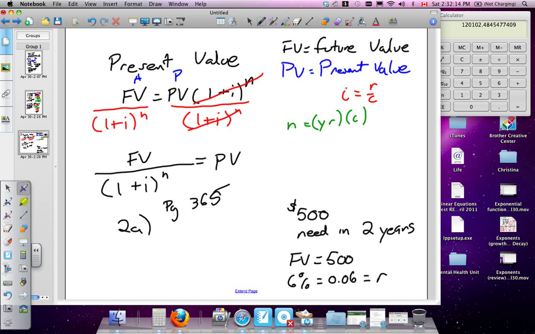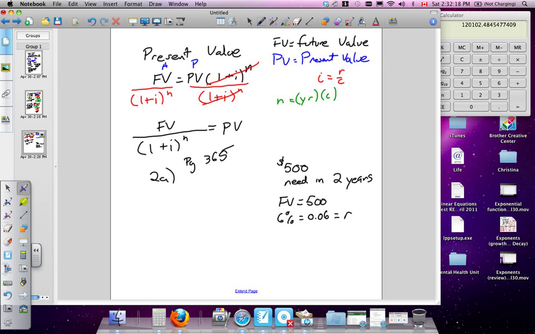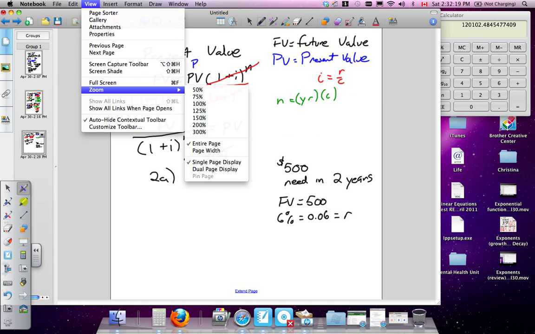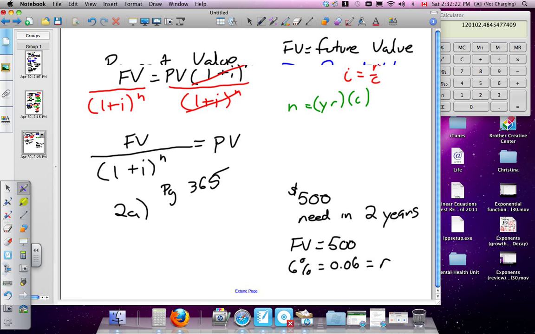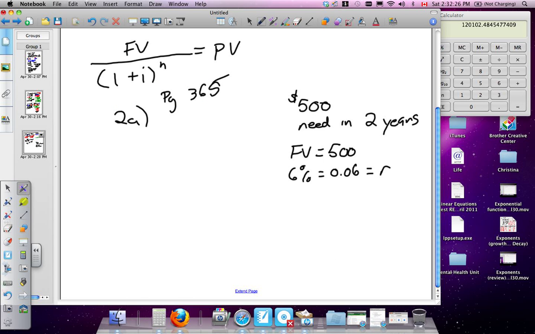Yes, monthly. So monthly means, yeah, exactly what you're talking about. Not M. Do you know what that is? That's the number of times. It says it's compounded monthly. So you're right.